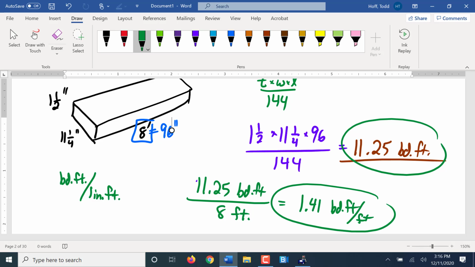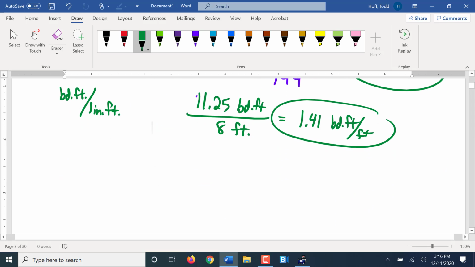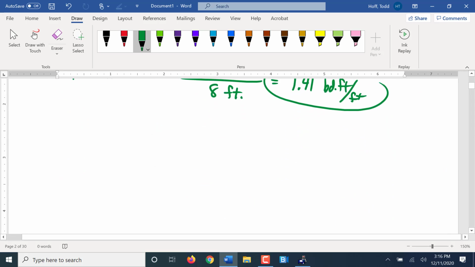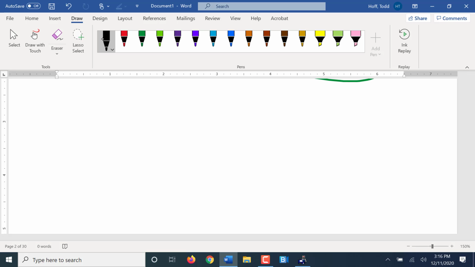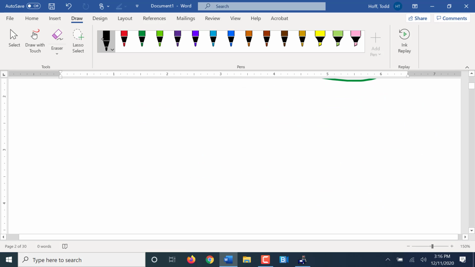That conversion factor is actually pretty important to us because it allows us to calculate the linear footage needed of planks for any sort of job. A second way, so this is one way of calculating board feet.